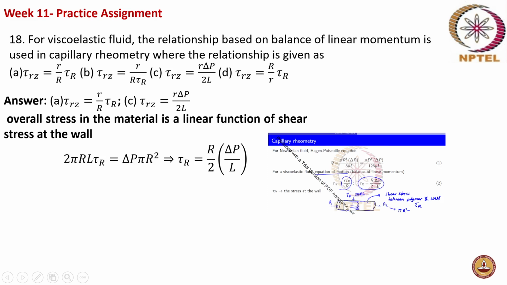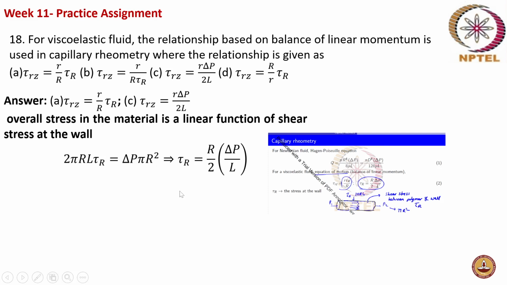That means it is the area of the circle, which is pi r square, right? This is the surface area of the cylinder, 2 pi RL, and this is the area of the circle, pi r square. So 2 pi RL into tau R is equal to delta P into pi r square. This is the force balance at the wall. So if you do the mathematics, your pi and pi get cancelled, one R and R get cancelled.